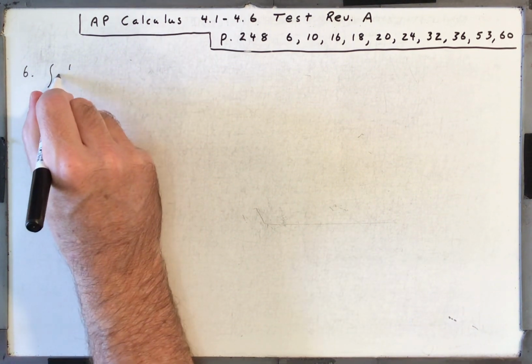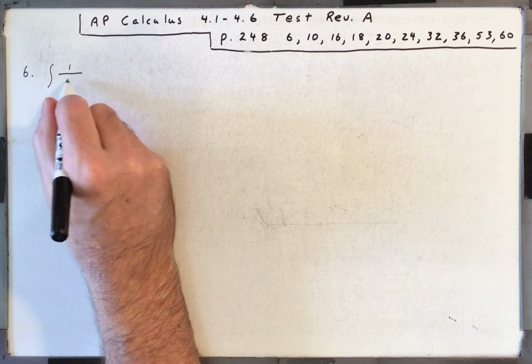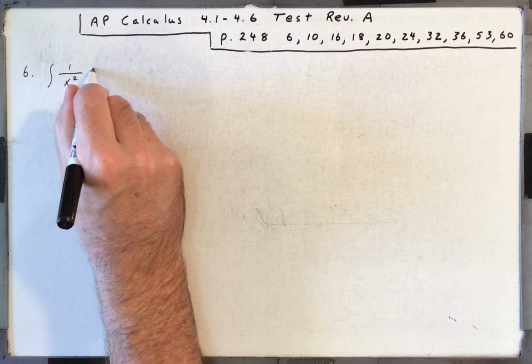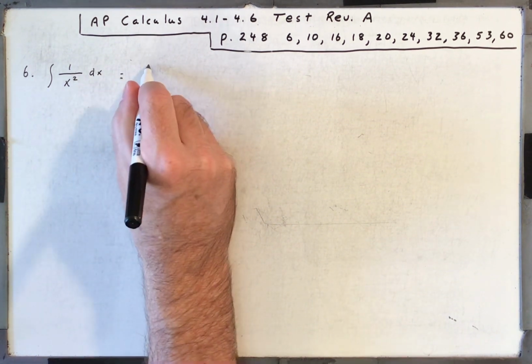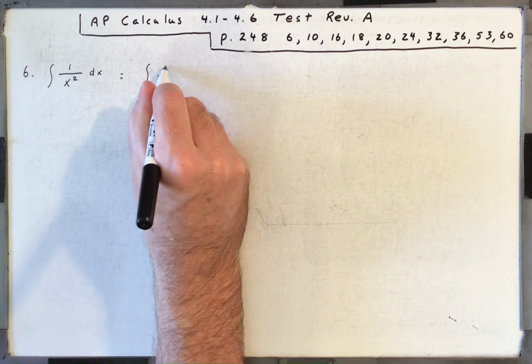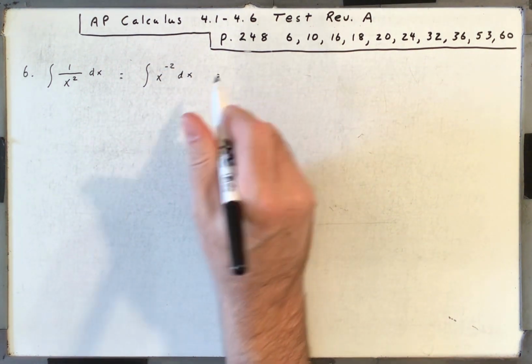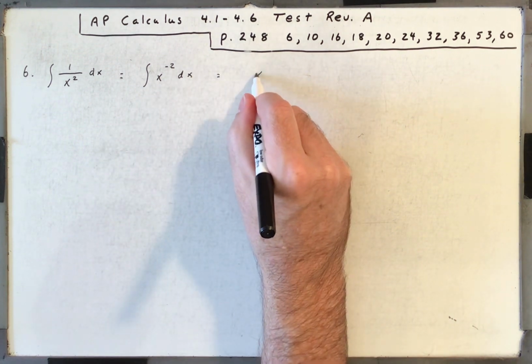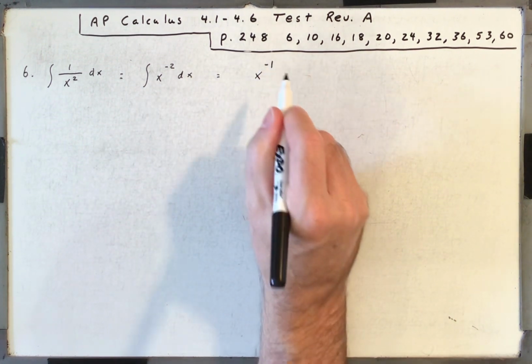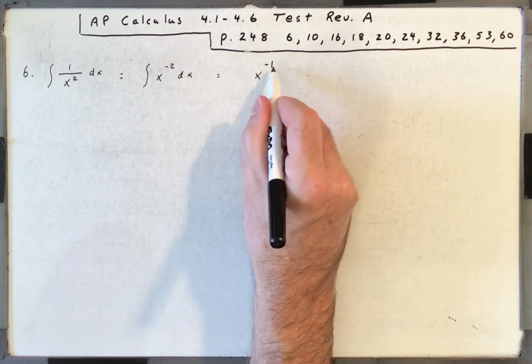So our first one is the integral of 1 over x squared dx. I'm going to rewrite that as x to the minus 2 dx. All right, and taking the antiderivative, we would add 1 to the exponent. That would be negative 1. Negative 2 plus 1, negative 1.